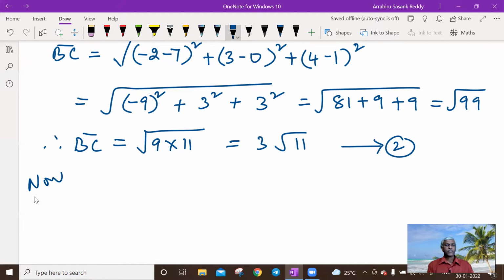Now let us find the third distance between C and A, or A and C. C is (-2, 3, 4) and the first point A is (1, 2, 3).